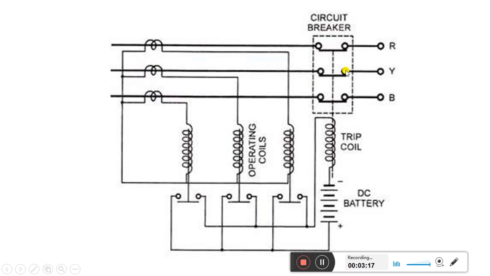Now let us say some fault happens across the loads or in the phases. In any phase there may be a fault, or the fault may be towards the load side. So what will happen if there is any fault in the load side or in the phases? The current leaving or entering in all three CTs will not be equal.